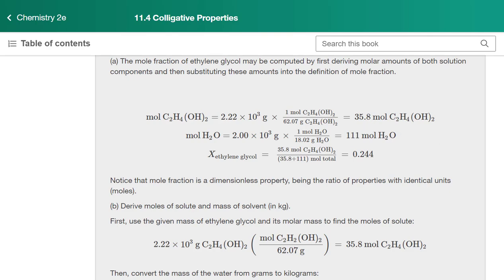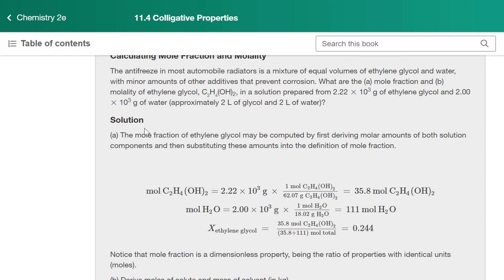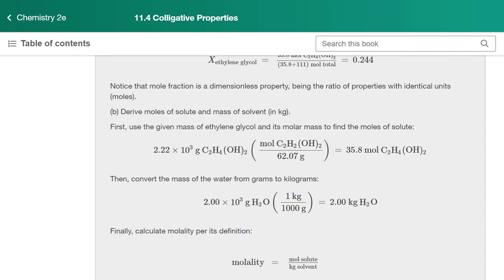For kilograms of solvent, we are given the mass of water in grams, so we just convert that to kilograms. Here we're showing that calculation again for moles of ethylene glycol. It's the same thing that was done above, and then here we're converting to kilograms, so it's just 2 kilograms.